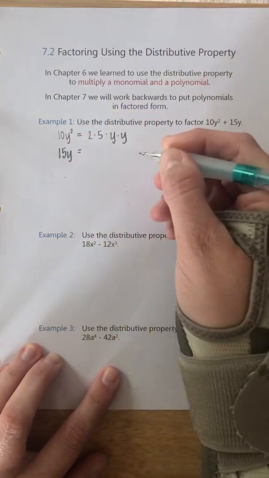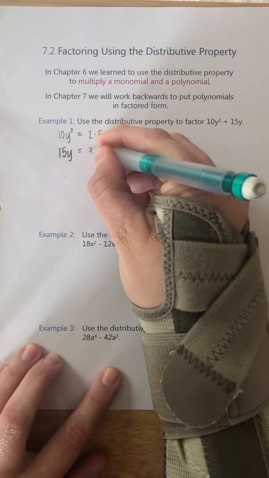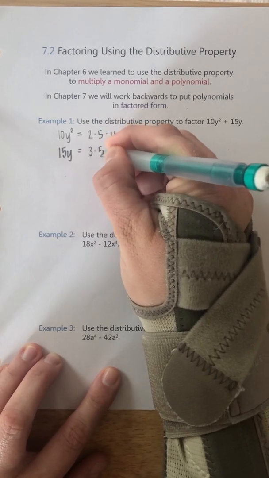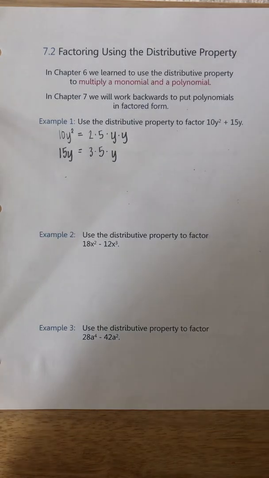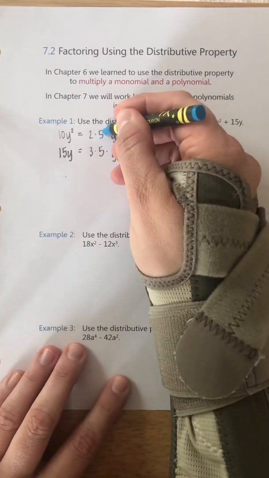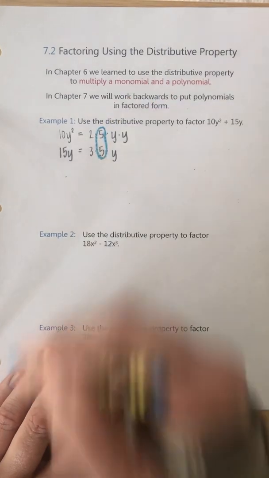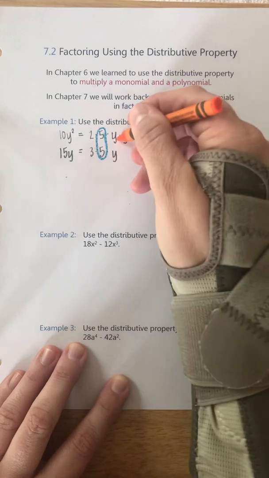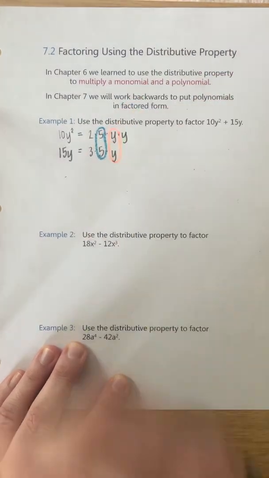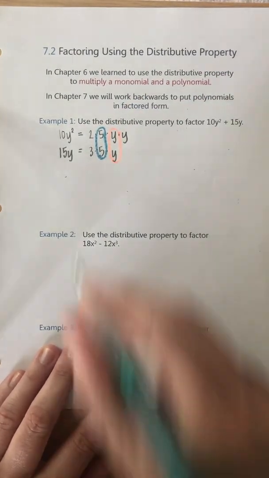So 15 breaks down into 3 times 5, and then we just have a single y. So remember, we're going to look for factors that they have in common. So right here I see that they have 5 in common, and I see that they have y in common.